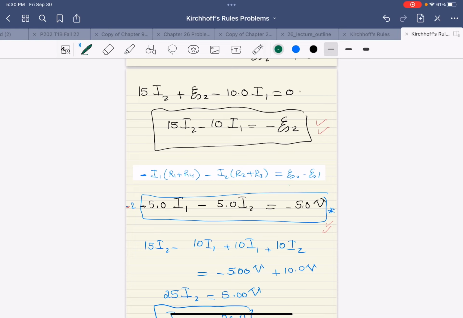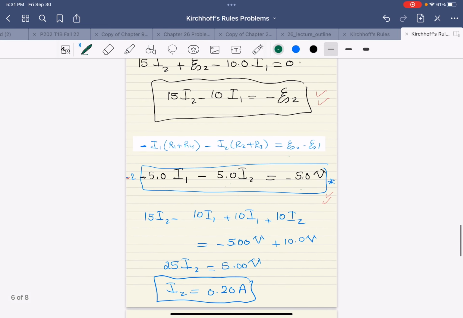Now I need to solve these simultaneous equations, either using elimination or substitution. Usually I use elimination, therefore I multiplied here by -2. Then this one is going to be 10, and that one is going to be -10, and that one is going to be +10.